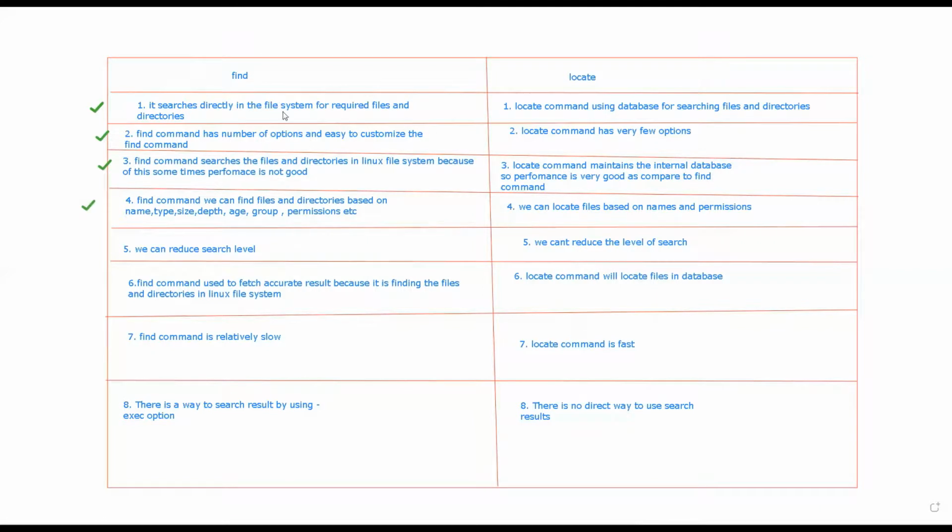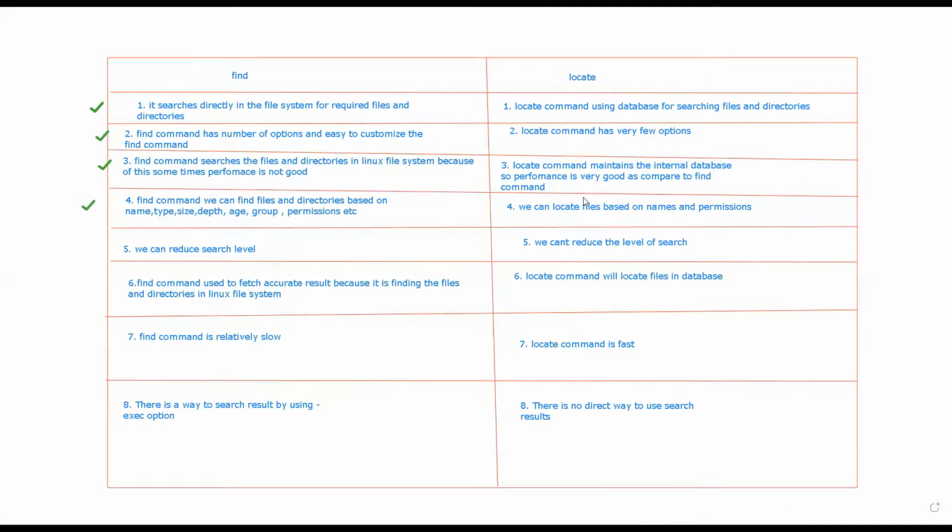If you compare, you can see this is searching in the file system, this is searching in the database. Then the find command has a number of options. By using those options, you can search the files and directories. The other has very few options, right? Because find is searching in the file system, the performance is not good.